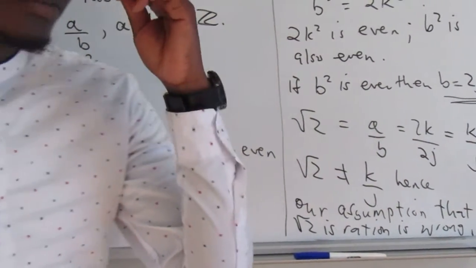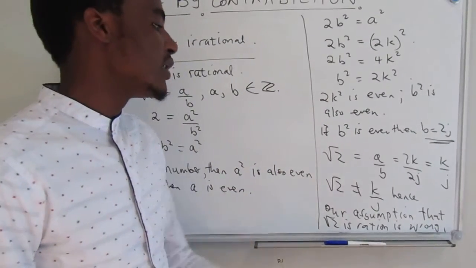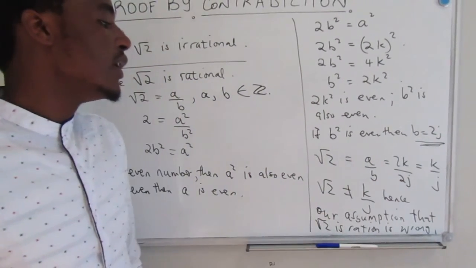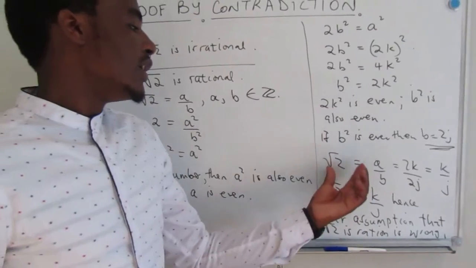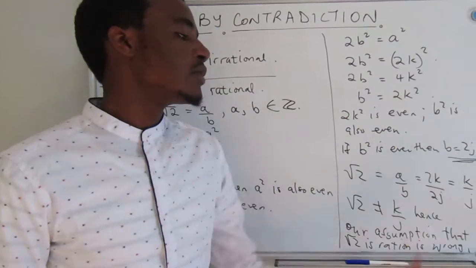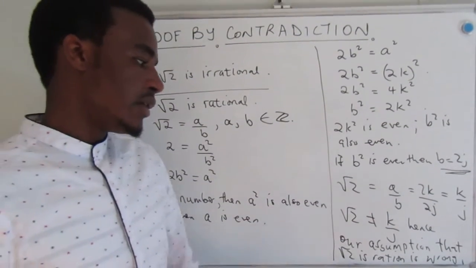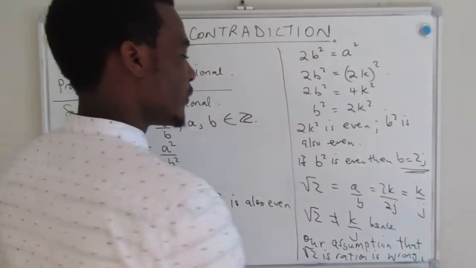But from the basic knowledge that we know, a rational number cannot be written in the form k over j. But if we assume that root 2 is rational, it shows that root 2 is equivalent to k over j, which is now a contradiction. So we have proved here.